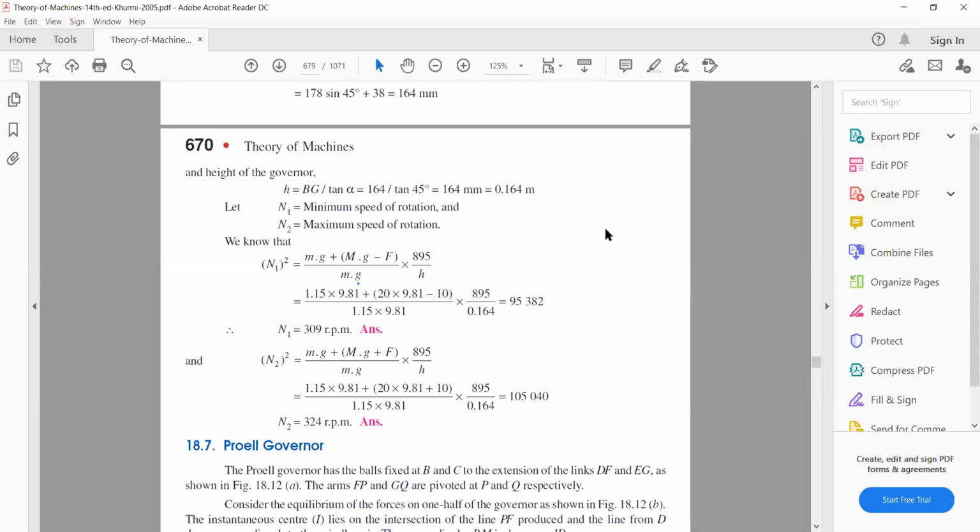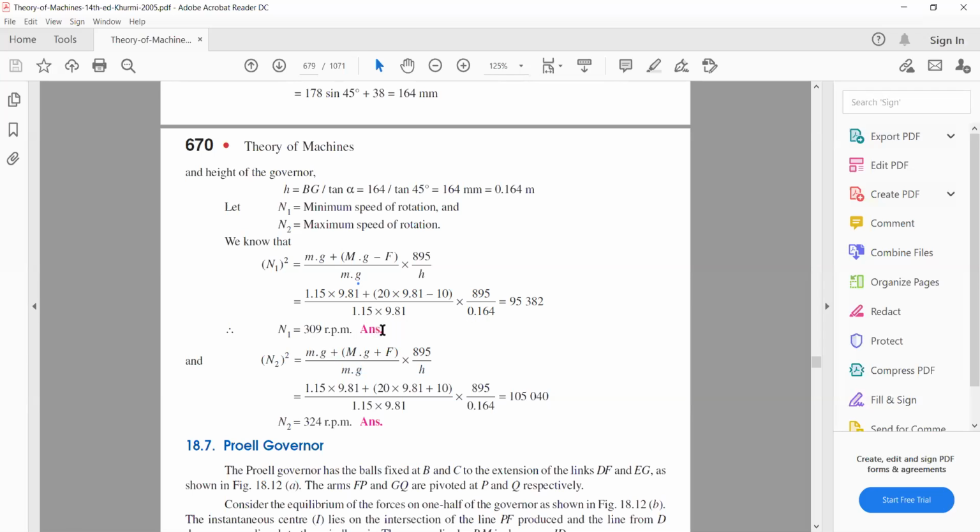Small m and capital M are known, F we recently found, and H is also known. Substituting the known values, we get the N1 value: 309 RPM.